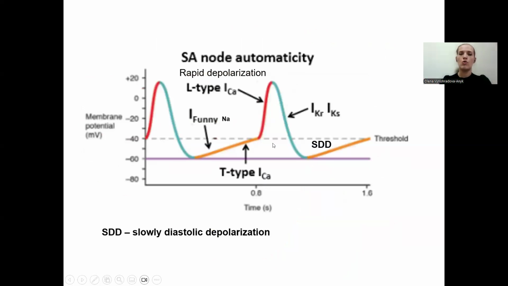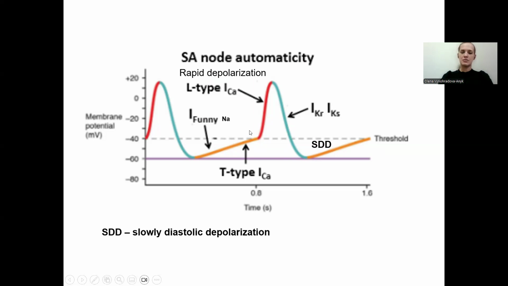Important, how does it work? I explained to you also that we have a specific mechanism of generation of action potential for the conductive system of the heart, and here we have a specific phase of action potential. This specific phase is named the SDD phase, slow diastolic depolarization.